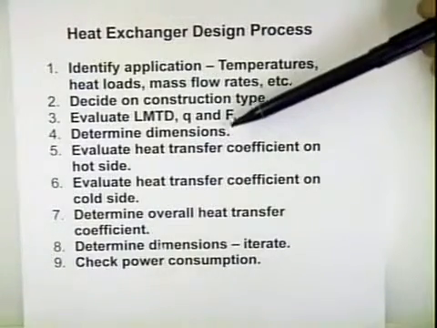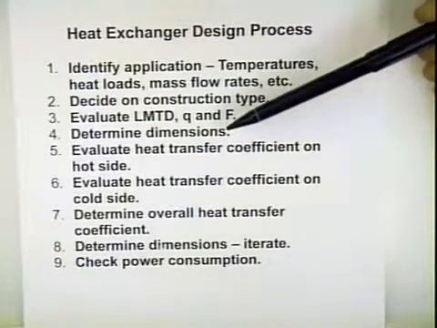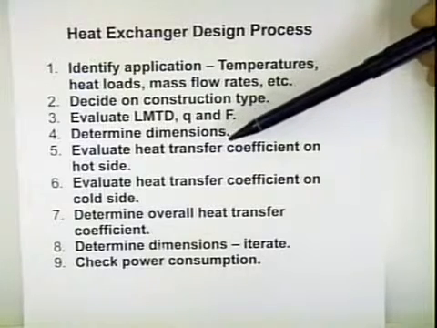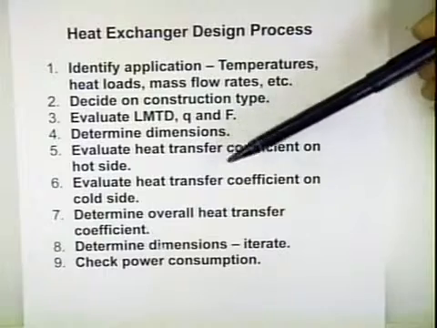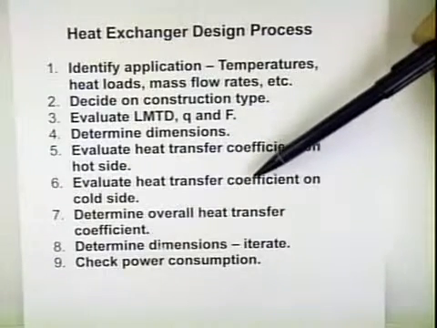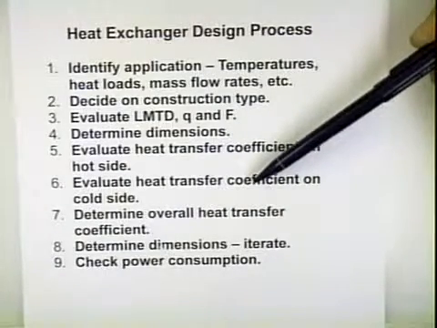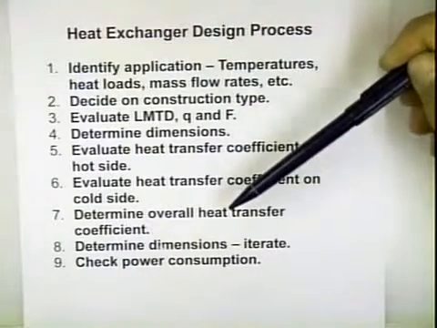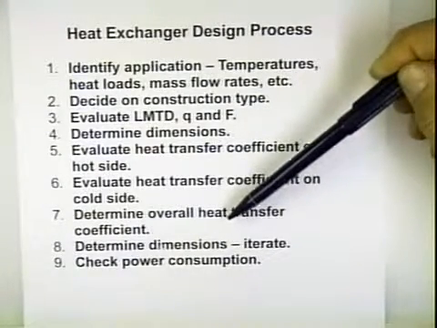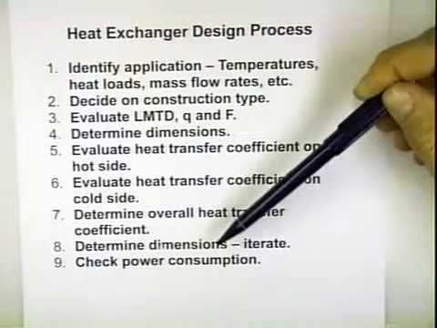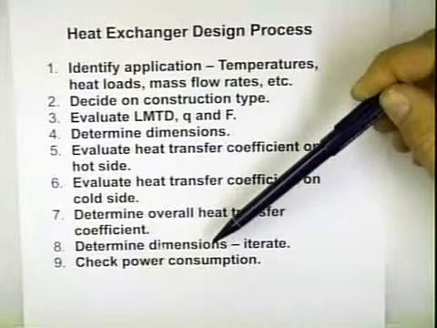Then we'll decide on the dimensions. Once we pick some dimensions, we'll evaluate the heat transfer coefficient on the hot side of the flow. Then we'll evaluate the heat transfer coefficient on the cold side of the flow, and then we'll determine the overall heat transfer coefficient. Once we've done that, we can see if our dimensions were correct.